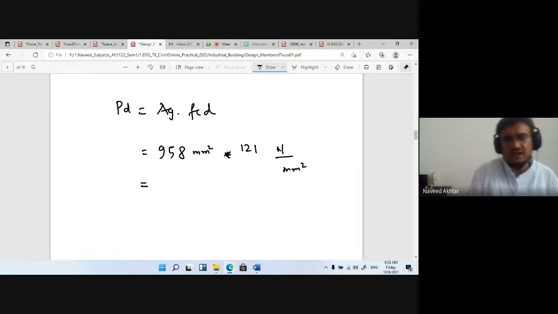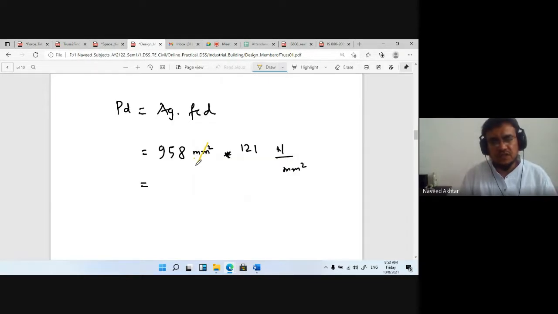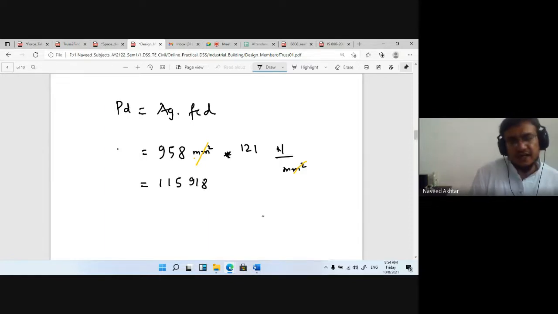So it will be 958 into 121. The PD will be 115,918 Newton.